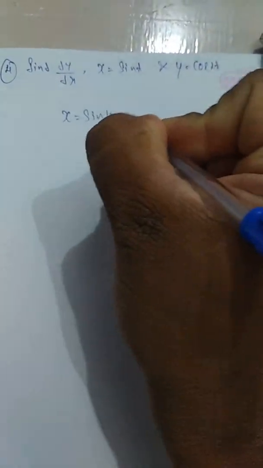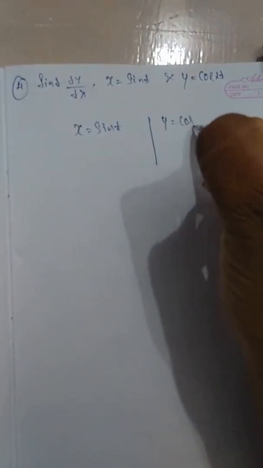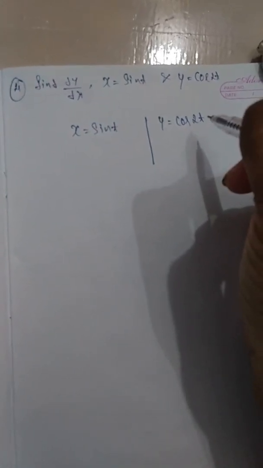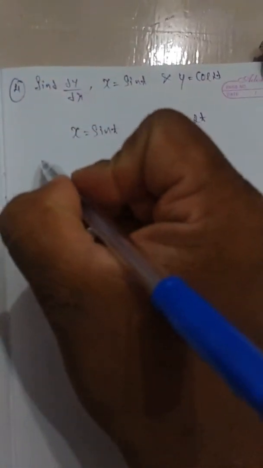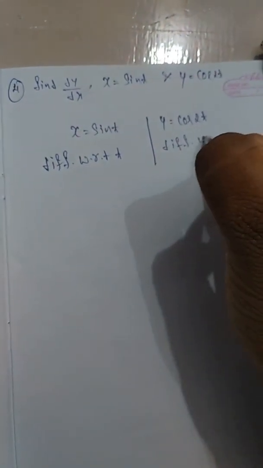So in the last problem they were given in the form of θ. Now they are given in the form of t. However, don't bother about the parameter. So differentiate the functions separately with respect to t.